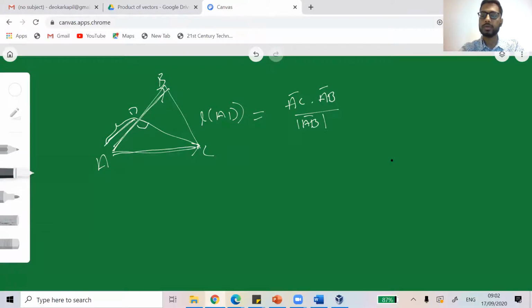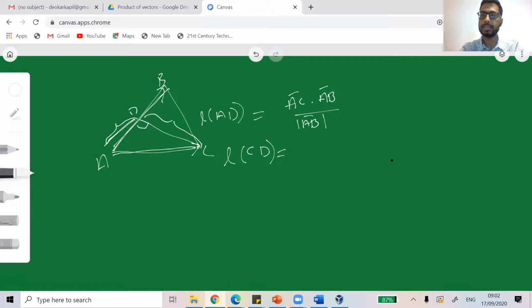However, if I want to find the length of the perpendicular, suppose I have to find the length of CD, I can get it by using my cross product instead of my dot product.